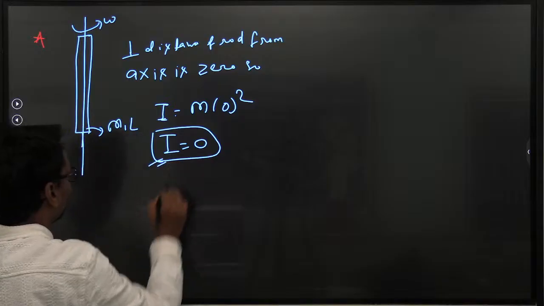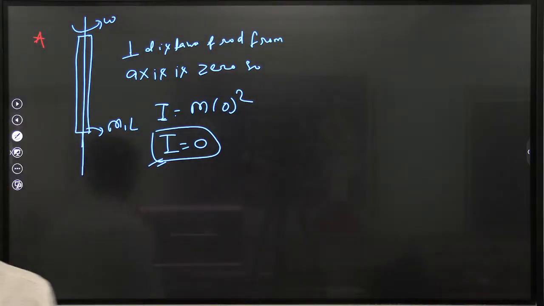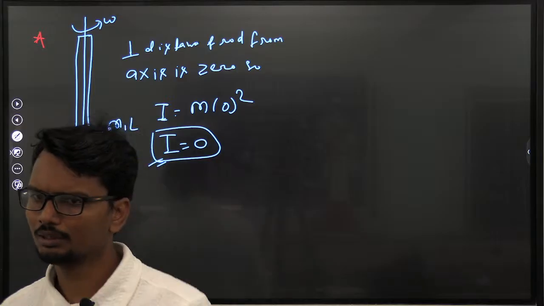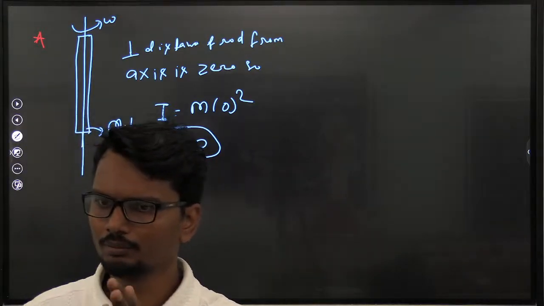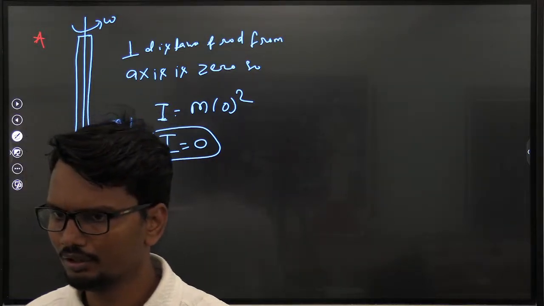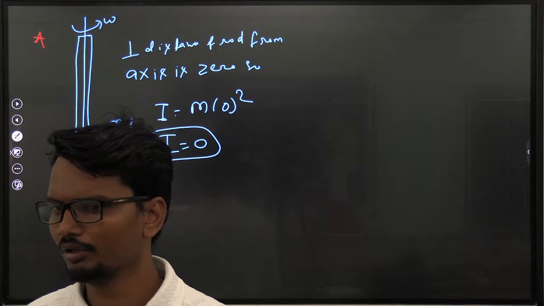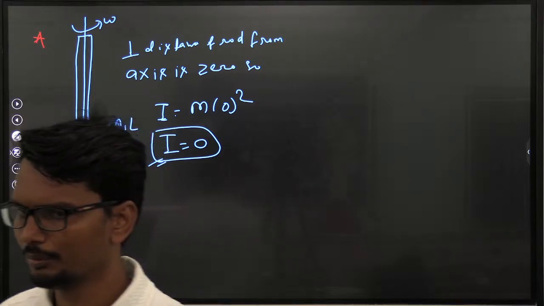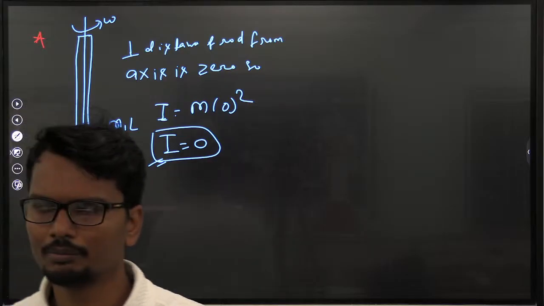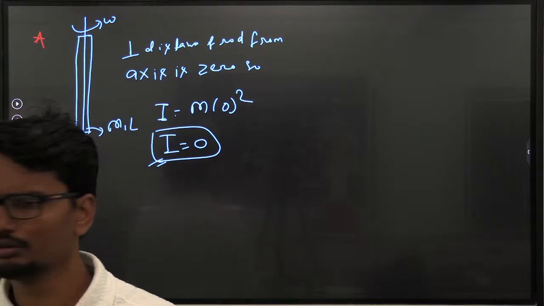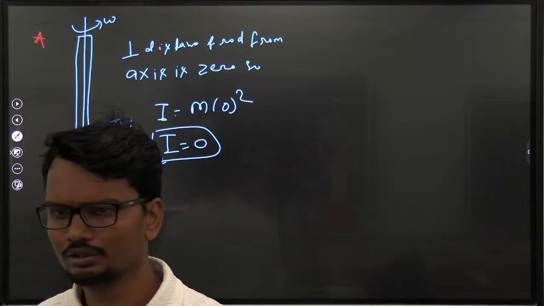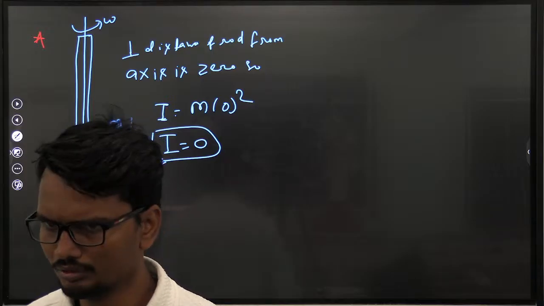And this is the value of the moment of inertia when a uniform object or a discrete point mass, anything which is passing through the axis, then its perpendicular distance from the axis is 0, and the moment of inertia I is equal to m into perpendicular distance squared, but the perpendicular distance squared from the axis is 0. So the net moment of inertia will be 0. I think this is clear to all of you. Clear?